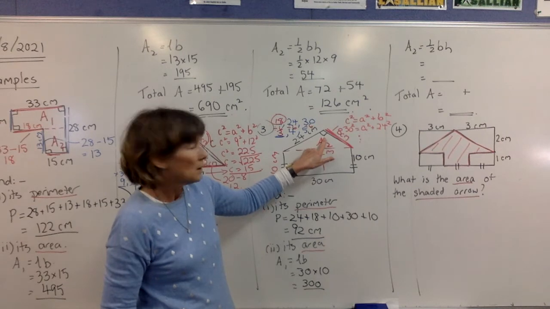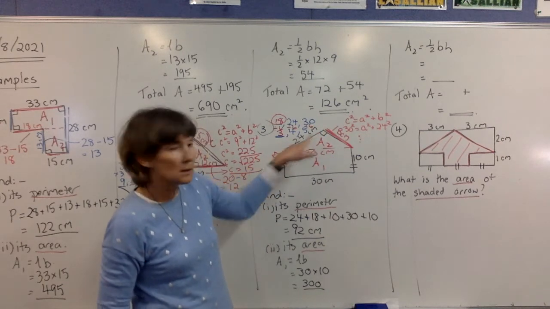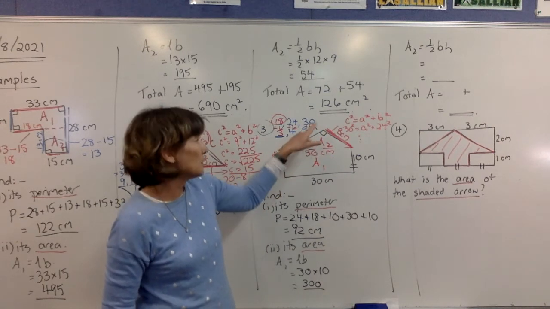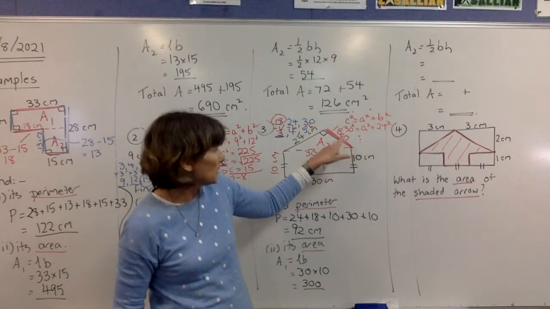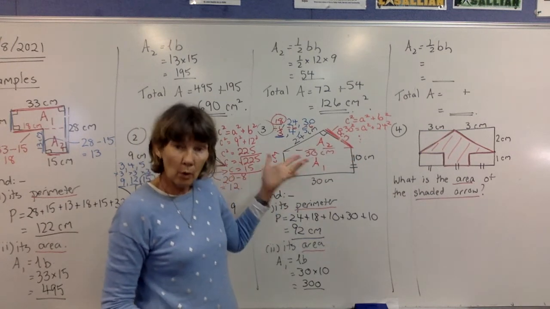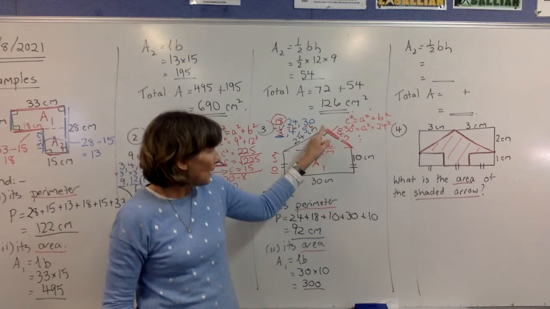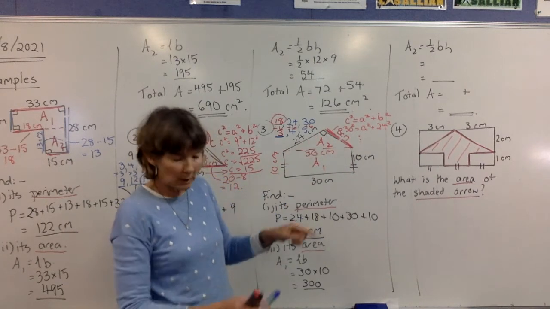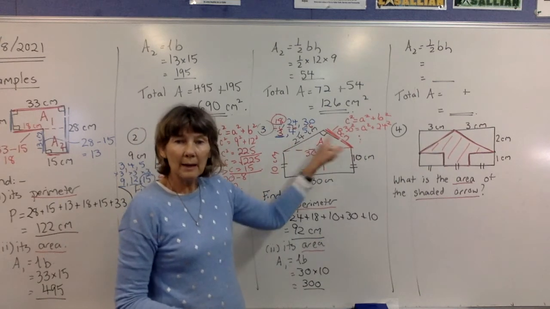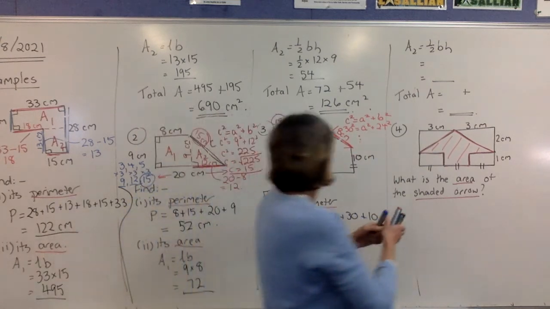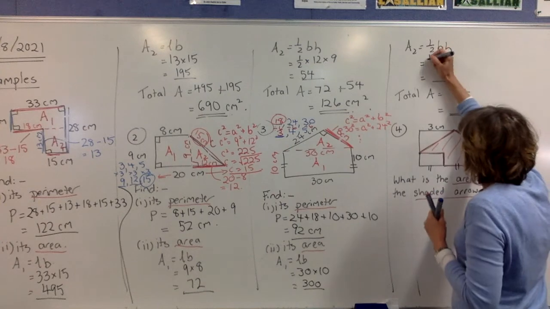There it is. So if I call this the base, the perpendicular height comes off the base at right angles, so that's your perpendicular height. Or you might call that your base, and then coming off that base at right angles is that 24. So either way, they are your base and your perpendicular height. So let's put them in.